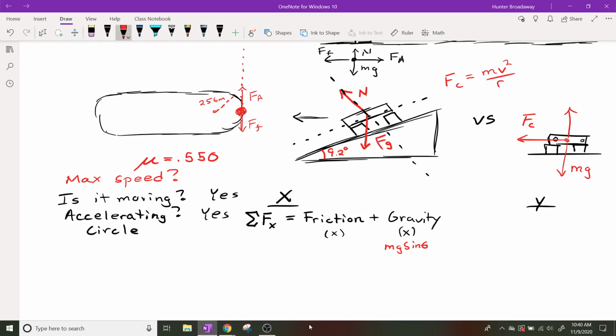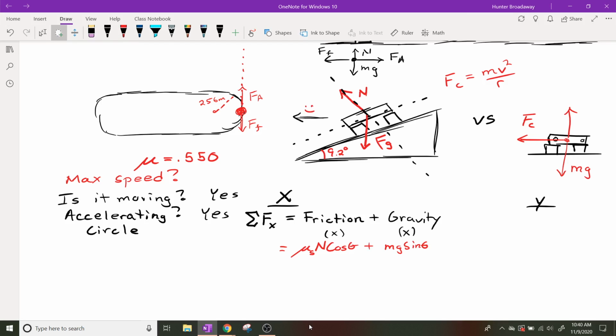So, if we know that this is going to be static friction, well, friction is fun, right? So that's mu sub s times n, but it's not the entire length of this. It's only the x direction. So it's going to be mu sub s n cosine theta. Because remember I said this way was towards the center of the circle, right?